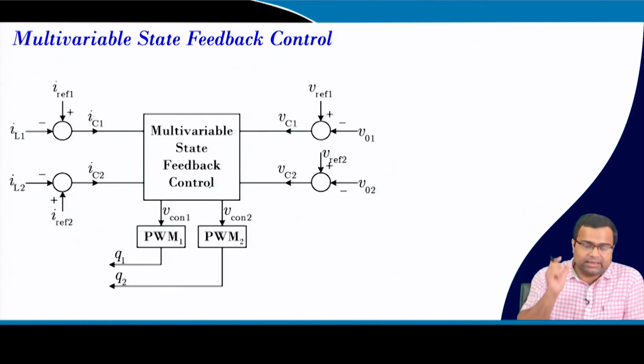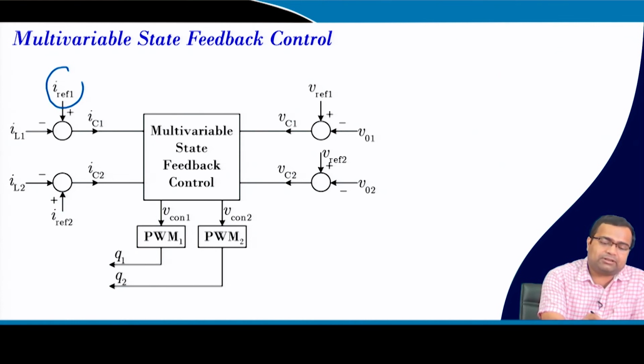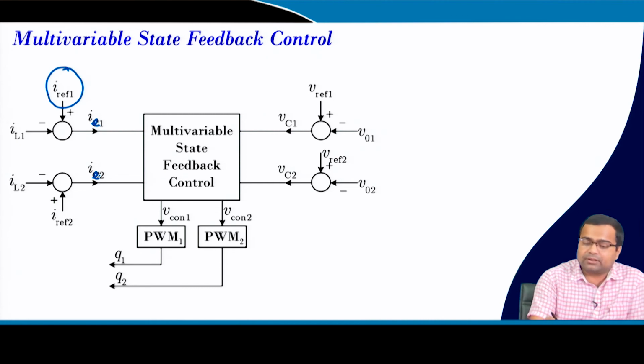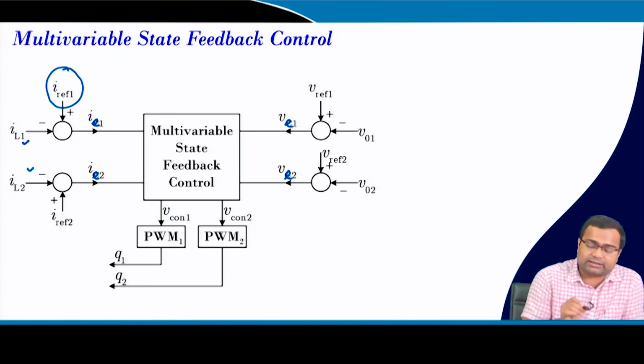That means in state feedback form we can again generate a reference current for the IBC, and this is my error current, this is my error voltage, and it is compared with my inductor current 1, and for this reference 2 I can compare with inductor current 2.